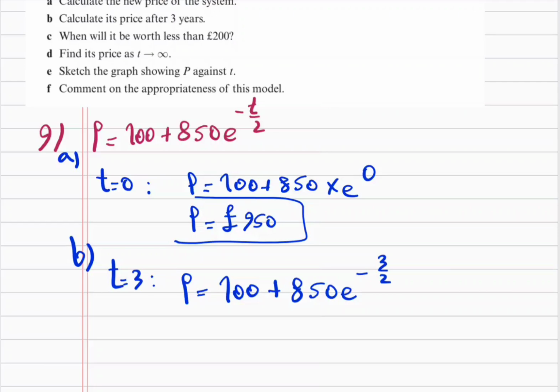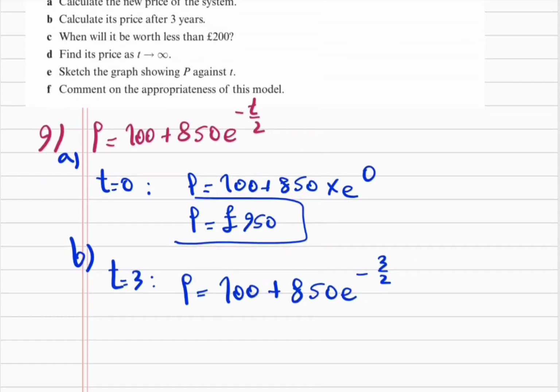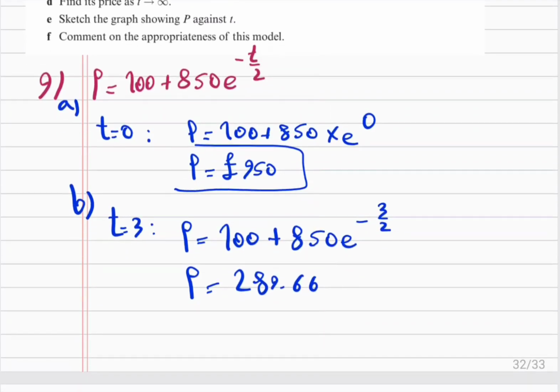Right, so we just need to simplify this, and this is equal to 289.66, and we can round this, so it becomes 290 pounds.